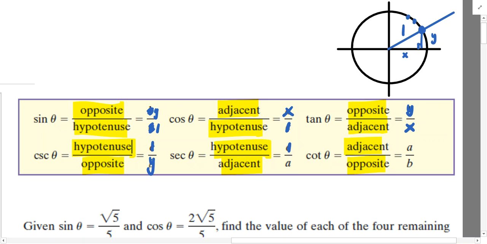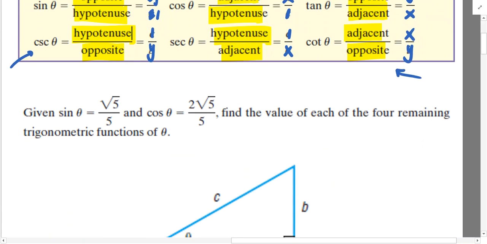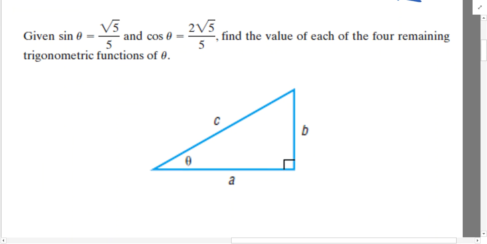Secant is going to be 1 divided by x, and cotangent is going to be x divided by y. And again, these letters x and y are representing the x and y coordinates of the positions around the unit circle. Memorizing and recognizing these results in the reciprocal functions is going to be particularly helpful when we talk about graphs of trigonometric functions in a few weeks.